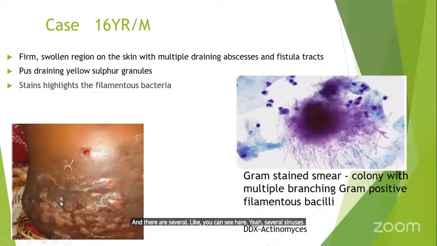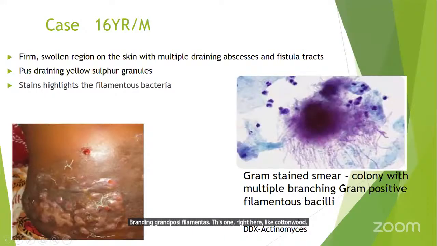If you puncture here, it gives you pus. But this pus is highly specific in terms of how it looks. It has yellow sulfur granules. You can see them. These are not stories. Then on just simple things, gram stain, it gives you branching gram-positive filamentous organisms, like hair, like cotton wool.